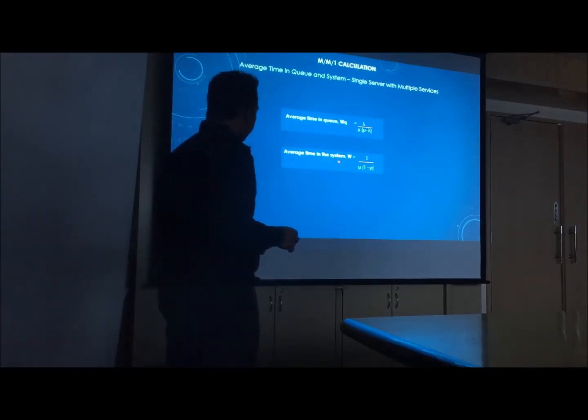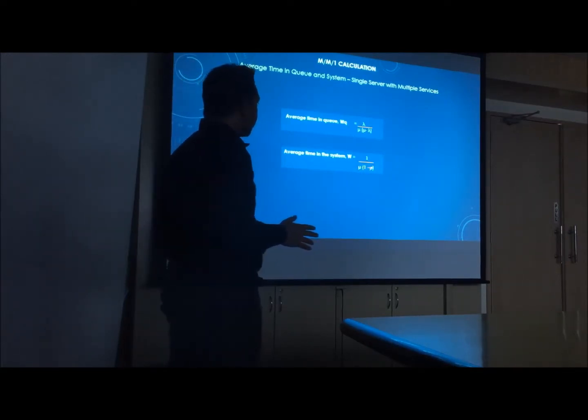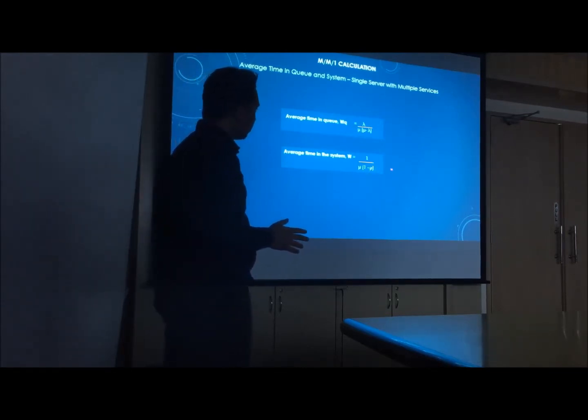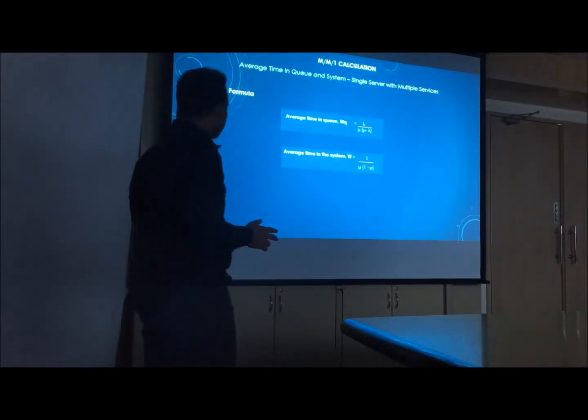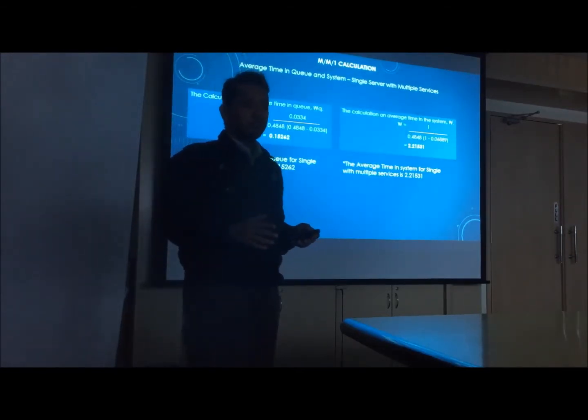And to find the average time in the system, W is equal to 1 divided by mean multiplied by 1 minus the system utilization P. Okay, this is the average time in queue and system.